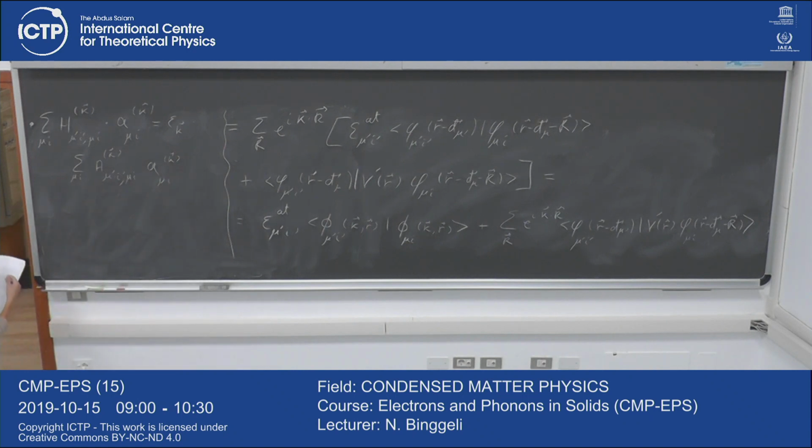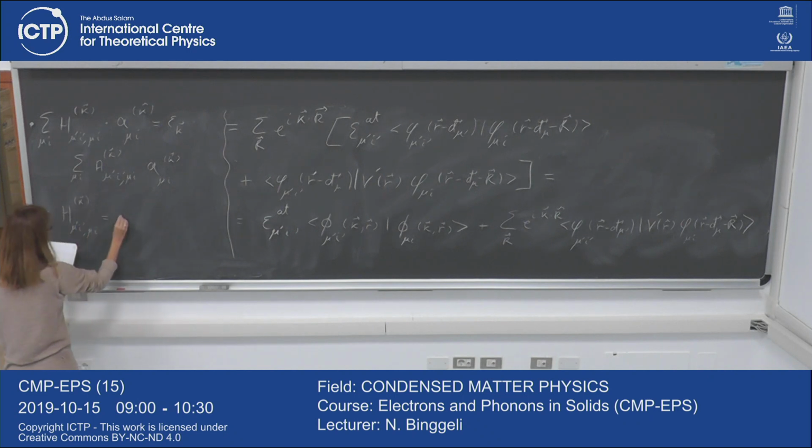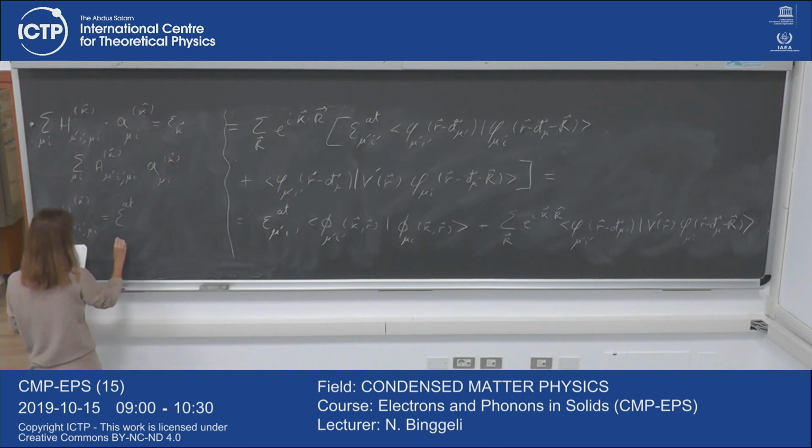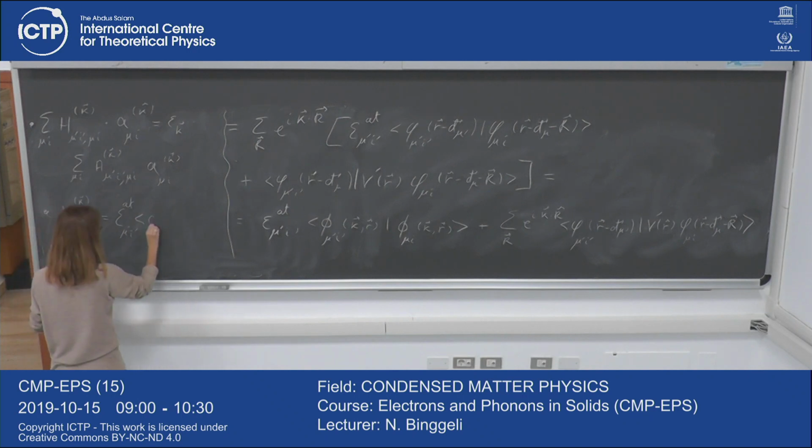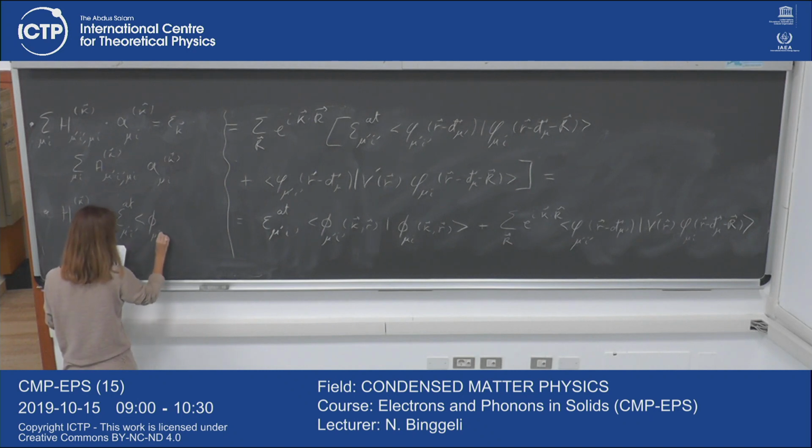With this matrix H, it has as matrix element mu prime I prime mu I what we have found before, that is the atomic energy epsilon mu prime I prime and the overlap between the tight binding functions.